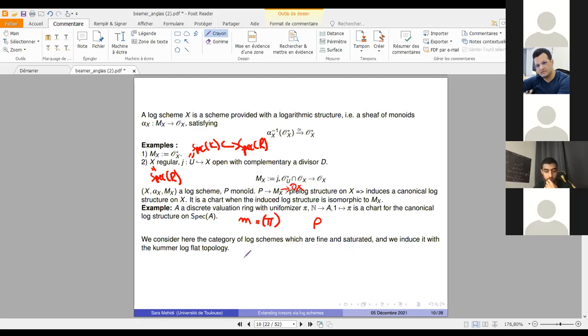What is important to know is that when I have a Kummer log flat morphism of log schemes, then when I go back to the generic fiber, where the log structure is trivial, I get an fppf map. So this is like a generalization of the fppf topology on the category of log schemes.